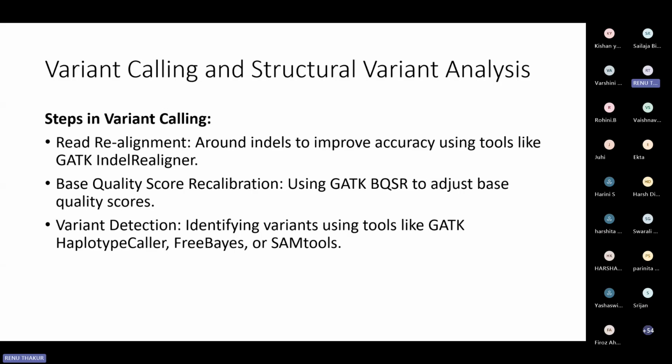And the next thing is base quality score recalibration. This one we talked about earlier, where you also have a GATK tool, BQSR, to adjust the base quality scores. Okay, once the indels got eliminated, or once the SNPs got eliminated, or once the large nucleotide sections, the structural variants, got eliminated or rectified, the quality score will be improving.